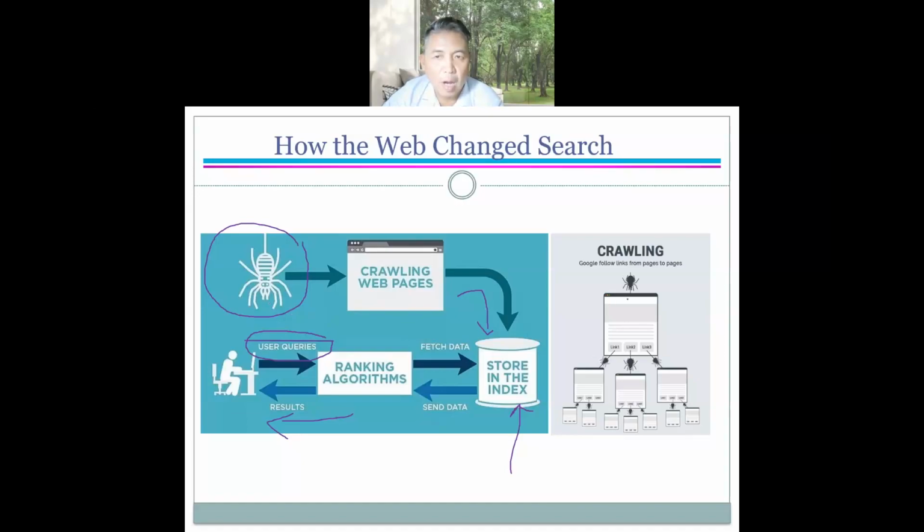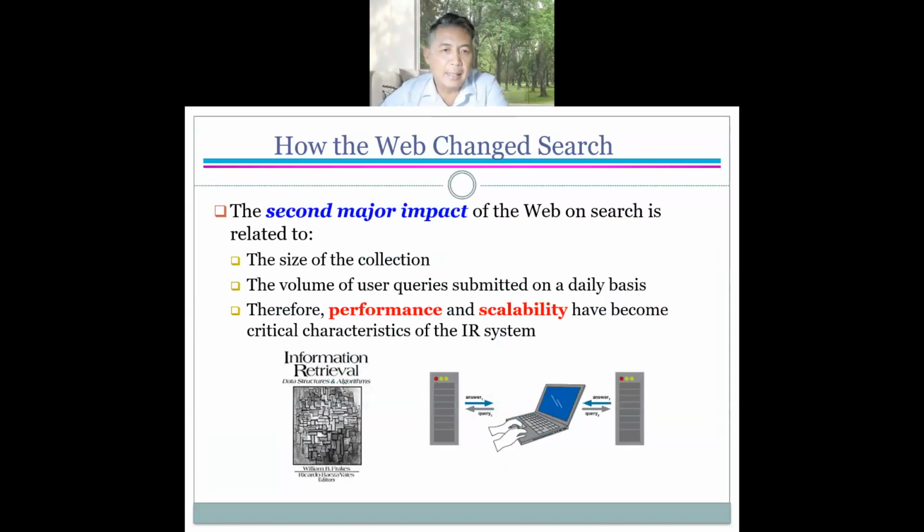Notice that when the crawler crawls a web page, it will follow all the hyperlinks until the end. That's why they call it a crawler. They will crawl a page, and if there is a hyperlink, they will crawl that page again until there is no link. So this is the crawler.